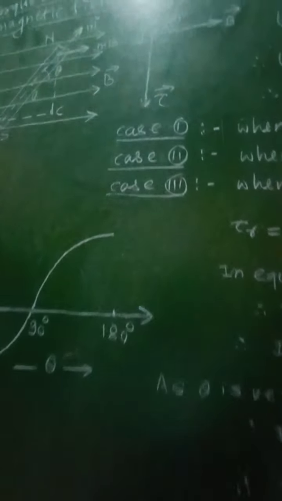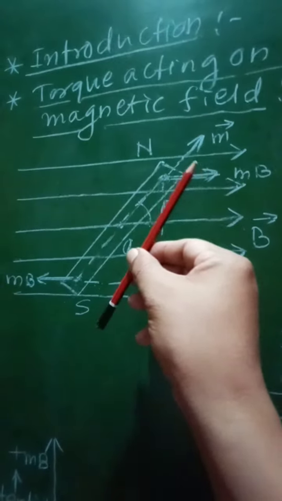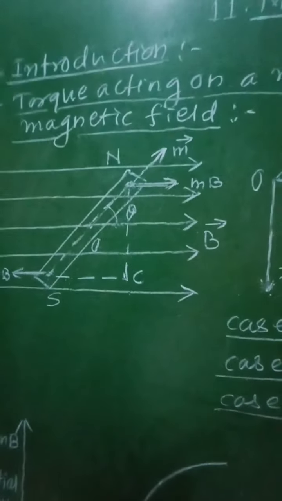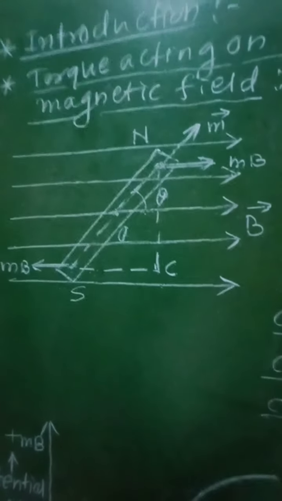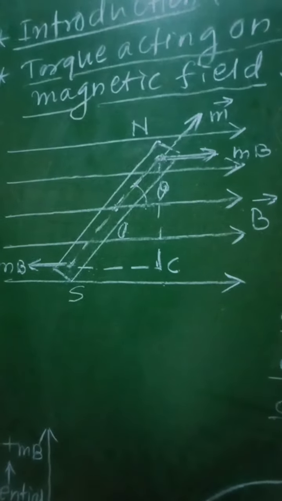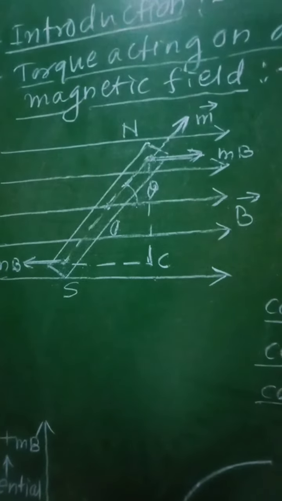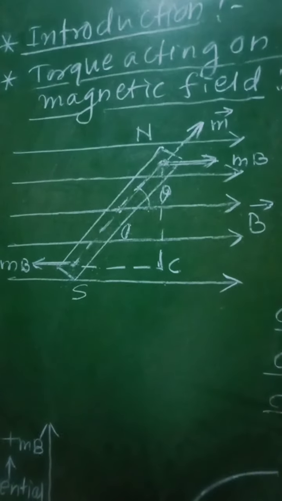So if you consider again this figure, if this magnet is now rotated in this way, at that time it will give rise to torque. That torque will be the rotating torque. The torque which will rotate that magnet is the rotating torque, that will be equal to mB sin theta.